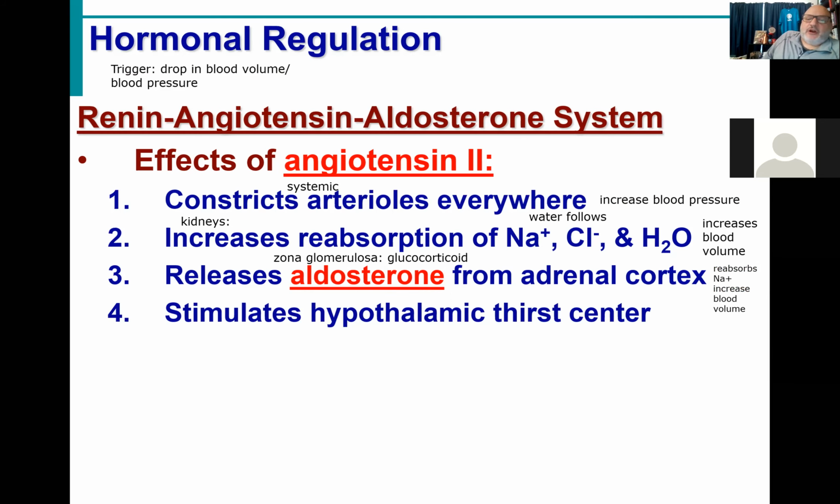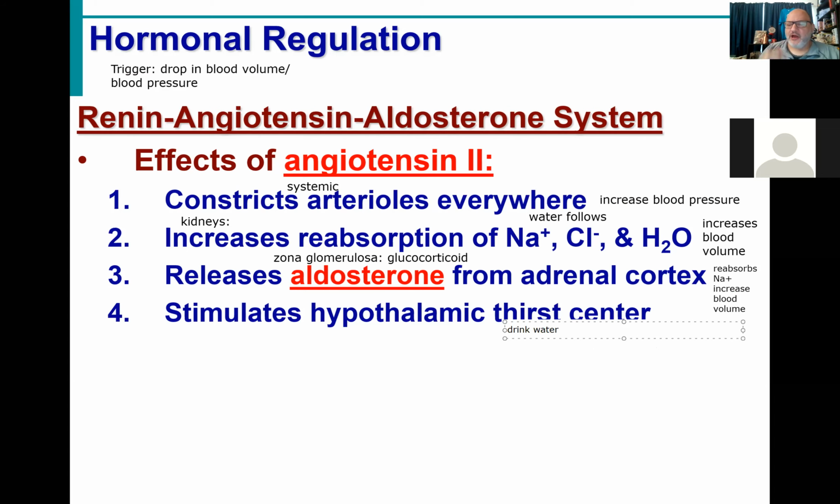It stimulates our hypothalamus to make us thirsty. What happens when you're thirsty? And somebody should be able to come up with the answer to that one. What do you do when you're thirsty? I'll give you a hint. That's right, you drink.